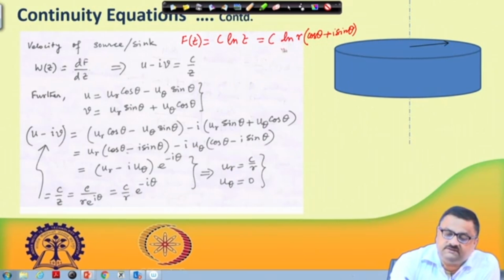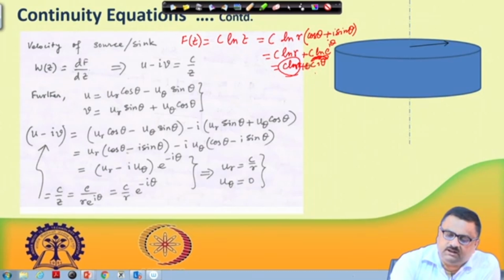So, this became C ln r e to the power i theta. So, this we had written as C of ln r plus C of ln e to the power i theta. So, this becomes equal to C ln r plus C i theta. So, then we said that this is the real component C ln r, and this is C theta, not C i theta, leave out the i.